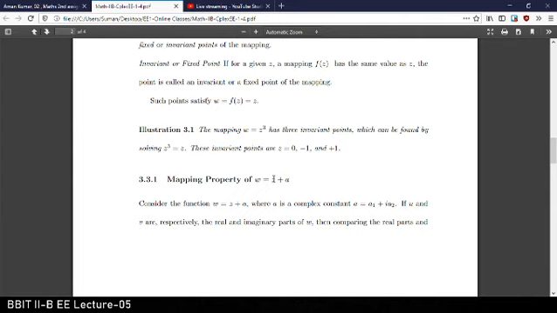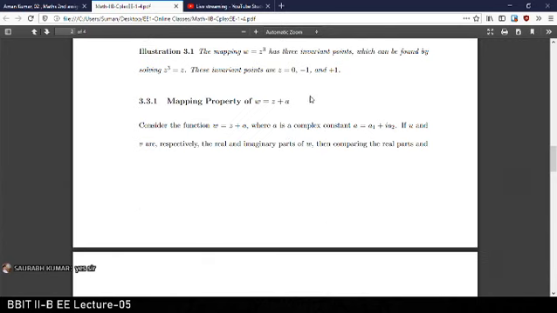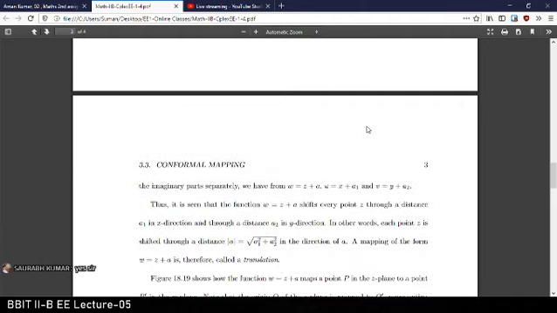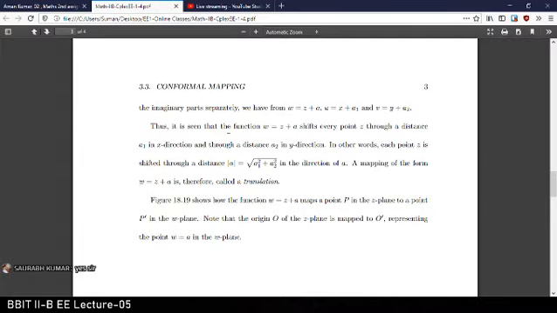Take any point z which is x plus iy, and for that, you consider the image as w equal to u plus iv. Now comparing real and imaginary parts, we will get the relationship u equal to x plus a1 and v equal to y plus a2.